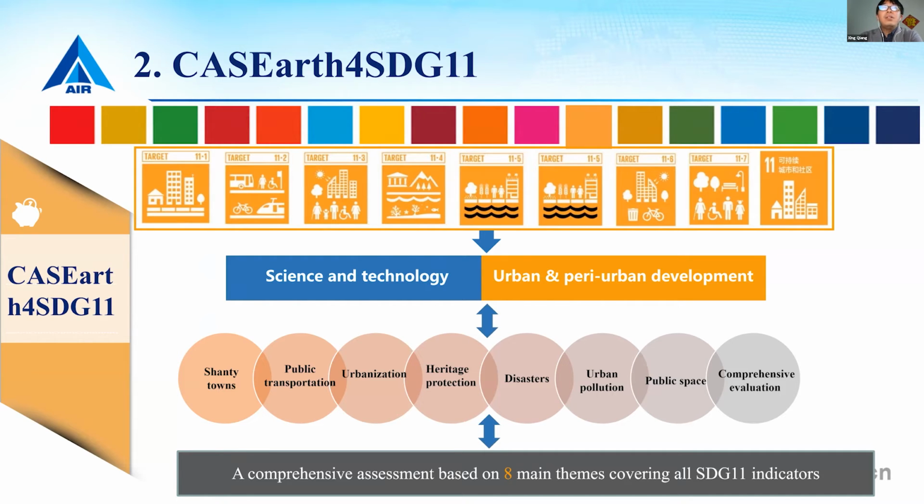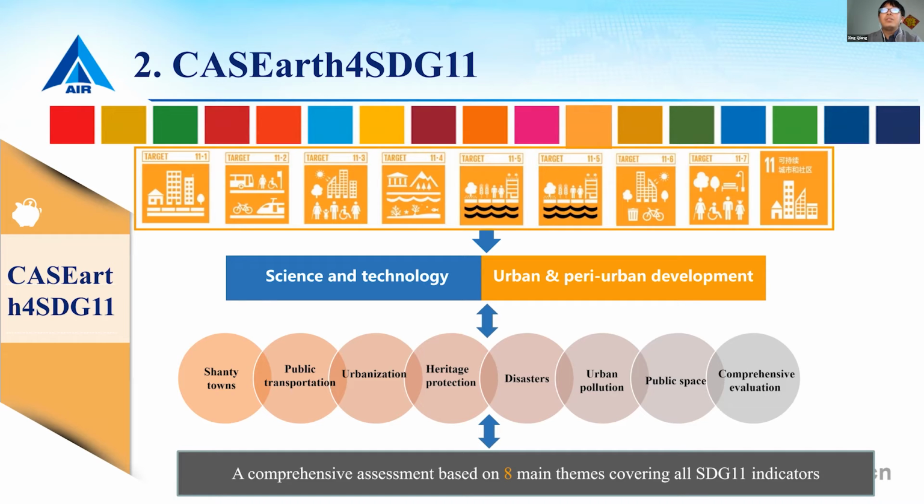We focus on shanty towns, which are called slums in the world, but in China we normally call them shanty towns, and some public transportation and urbanization, which relates to land consumption and population consumption.